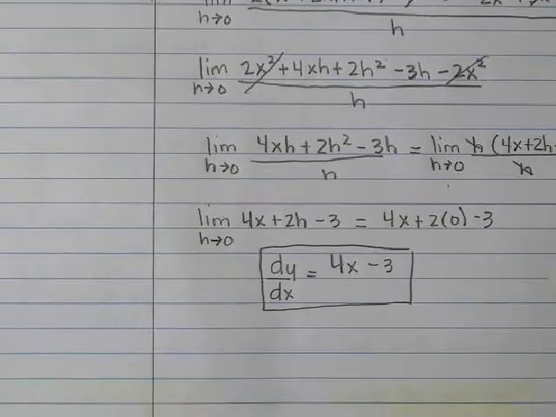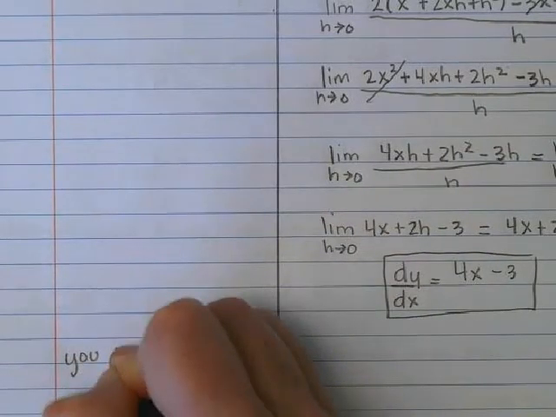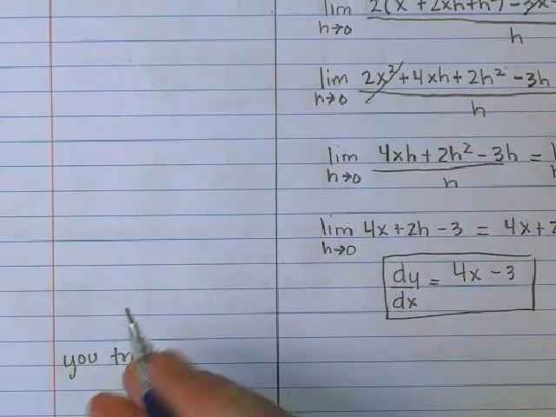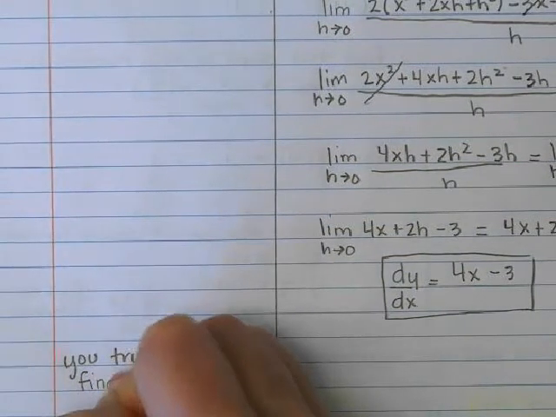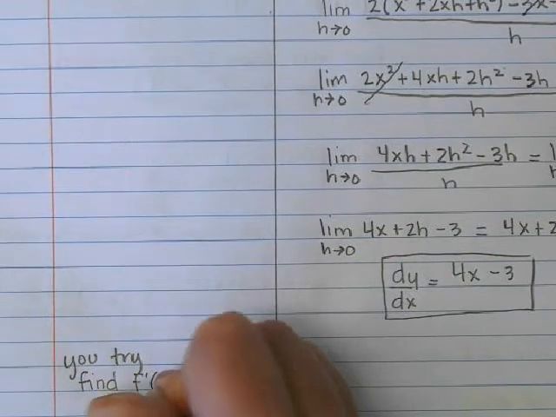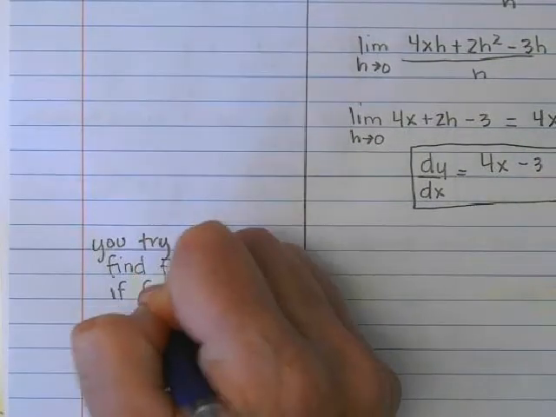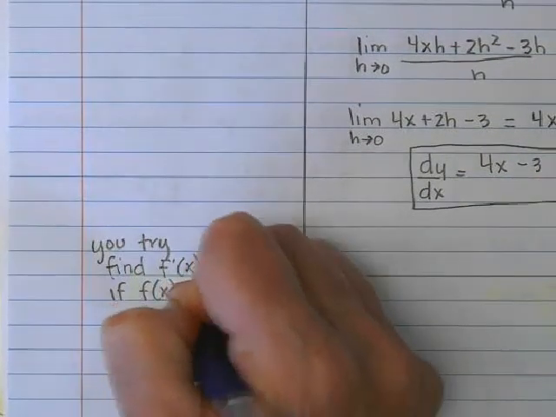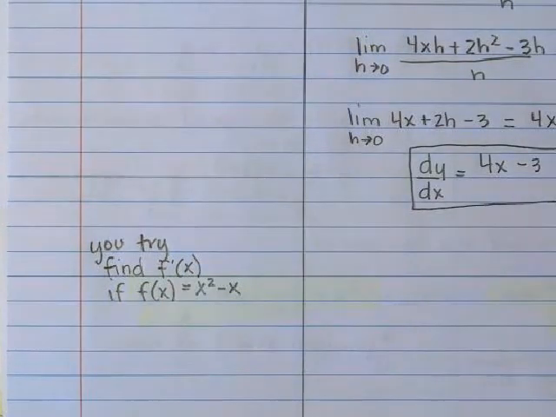Okay, so now I want you guys to try this one. You're going to do the same thing. You're going to find f prime of x, which is just another word for dy dx, if f of x is equal to x squared minus x.